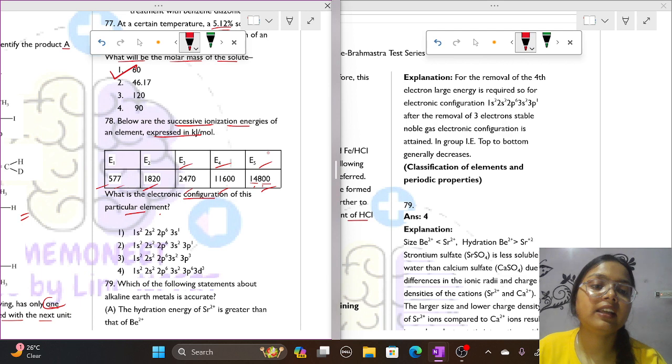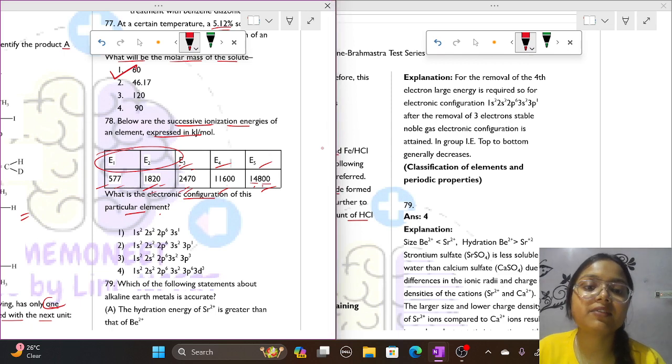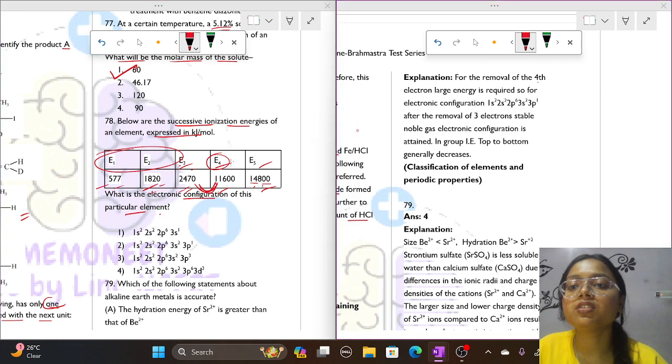So here, up to E3 it is a slight increase in the ionization energies. But what happens at E4? At E4 suddenly there is a very large increase in the ionization energy. Okay, so for the removal of the fourth electron, large energy is required.